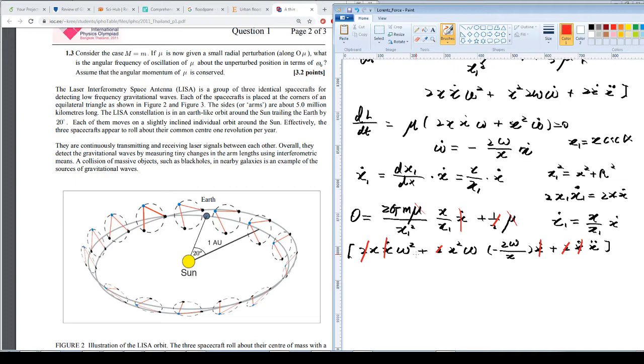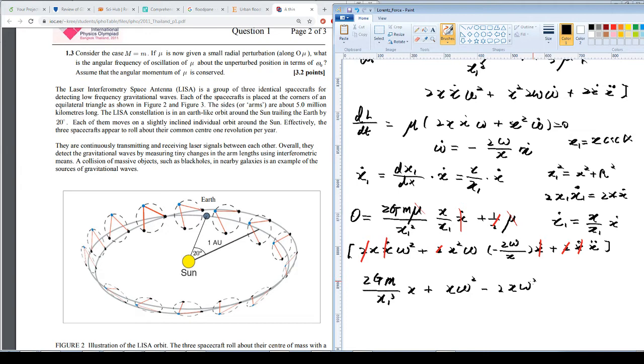Okay, so collect all the terms. 2gm x1 cubed x plus x omega squared minus 2. I think we can actually cancel these two out as well.